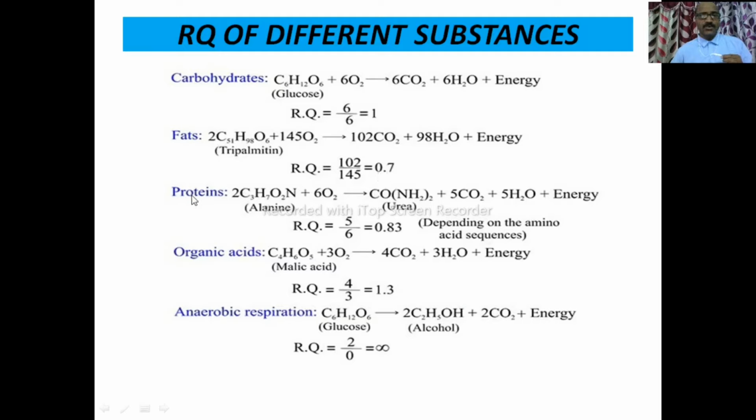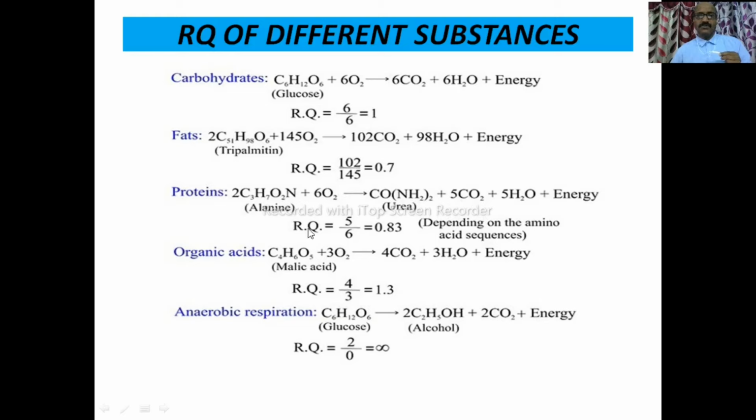In case of protein, for example alanine, depending upon the amino acid, the RQ value may differ. But in case of alanine, 6 oxygen molecules are utilized and 5 molecules of carbon dioxide are evolved.